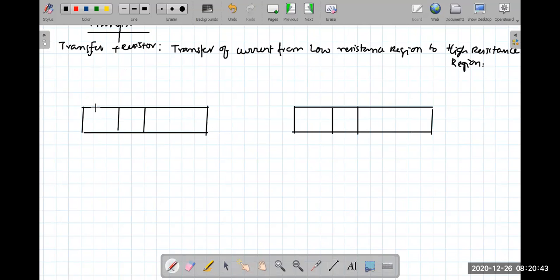This is a PNP, this is an NPN. So this you call PNP transistor, and this one you call NPN transistor.